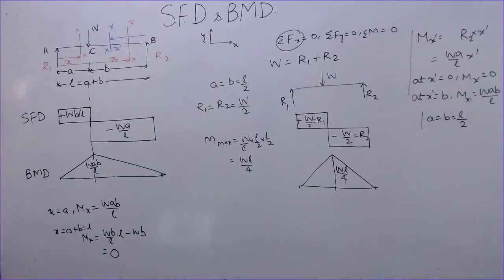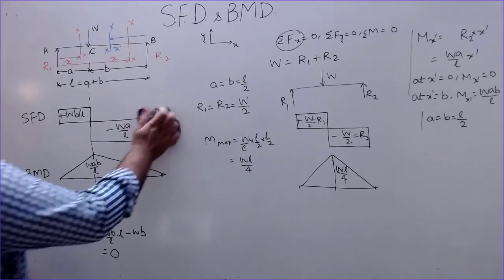This is the case when the symmetric loading is applied on the beam. So this was the case of a simply supported beam having the point load acting at any point on its span. Let us now next discuss the case of a beam which is having the uniformly distributed load along its span of uniform intensity.